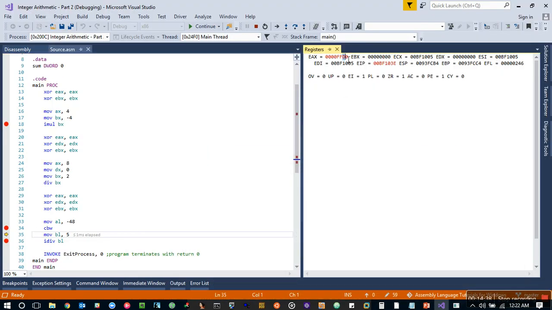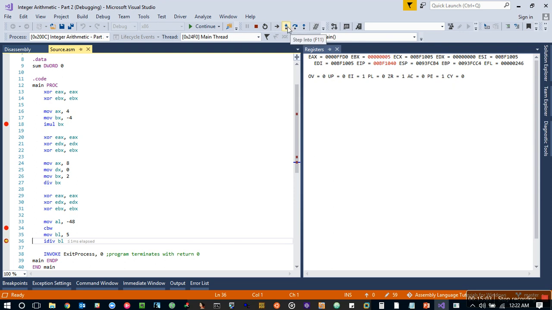Here we will get the quotient. It means 48 divided by 5. 5 times 9 equals 45. So the quotient would be 9, so here we will get 9, and here we will get the remainder. 48 minus 45 is 3, so here we will get 3. So let's see that.